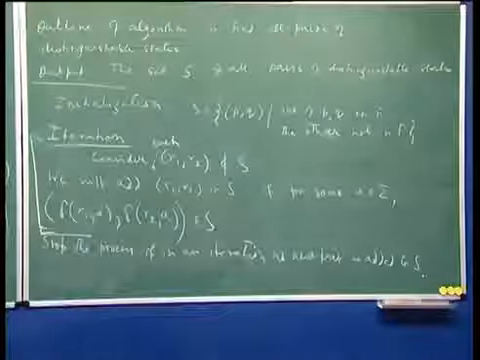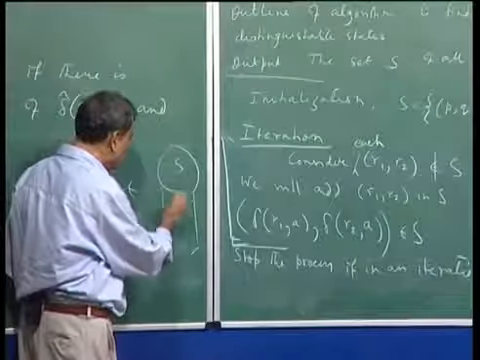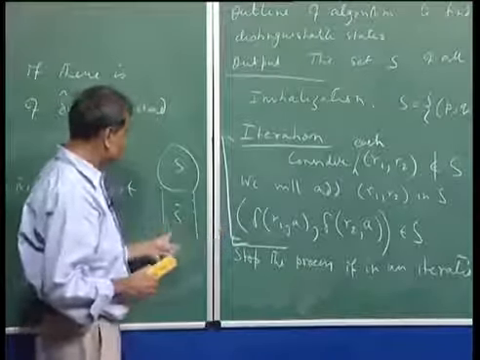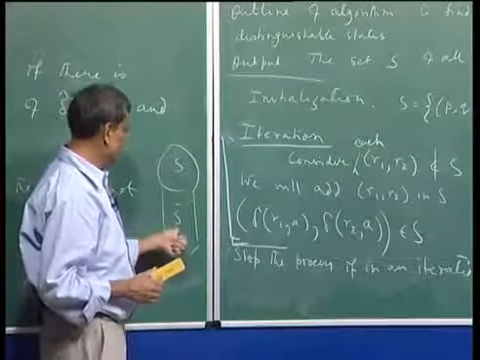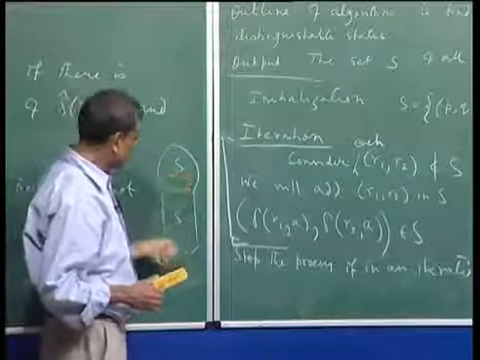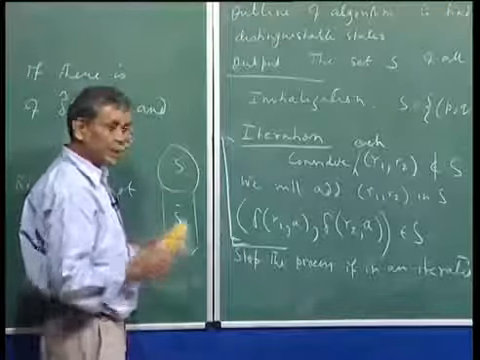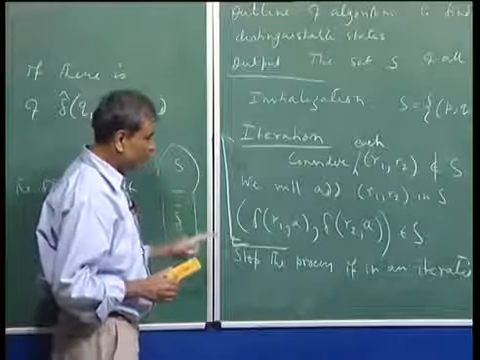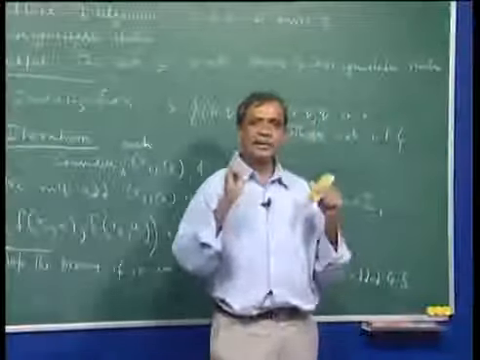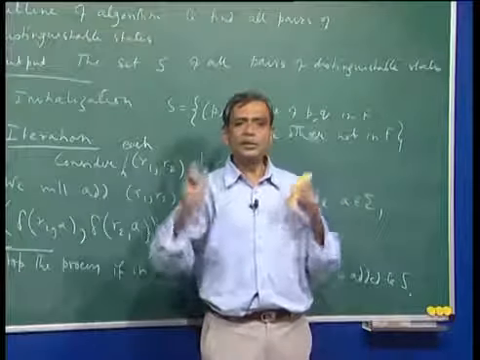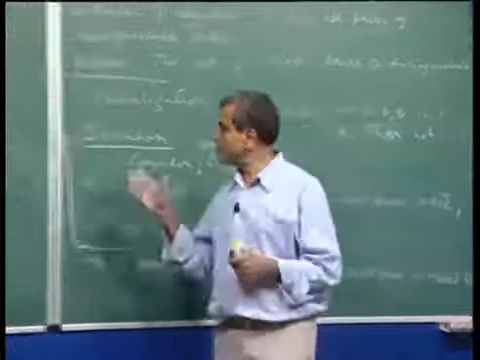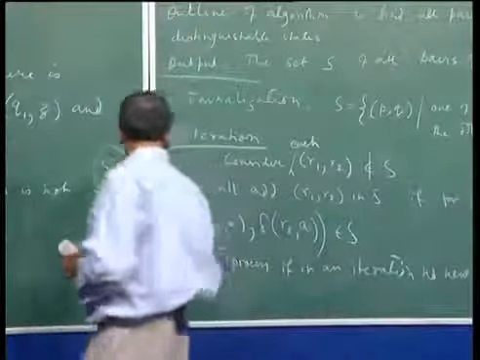Now, imagine an iteration where you tested this condition for all the pairs not in S and couldn't add any new pair to S. In that case, we say that iteration did not add any new pair to S, and in such a case we will stop the algorithm. What is the time complexity of this algorithm?